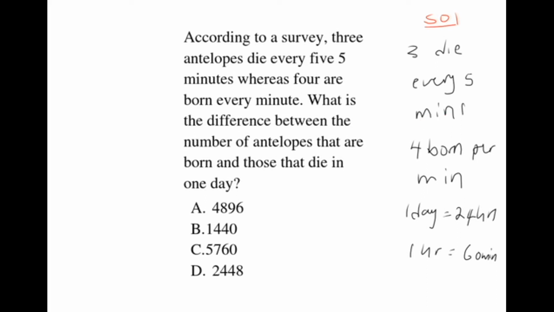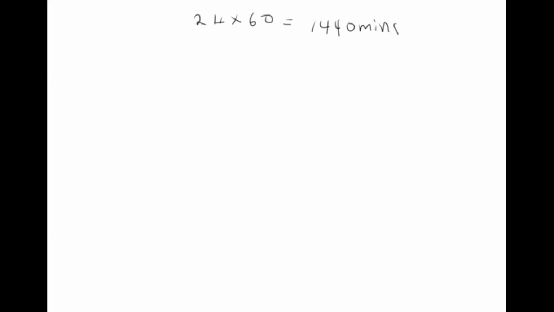So let us look at the number of antelopes who die in one day. Therefore, we have 1440 divided by 5. We get 288. So those who die in a day are 288.